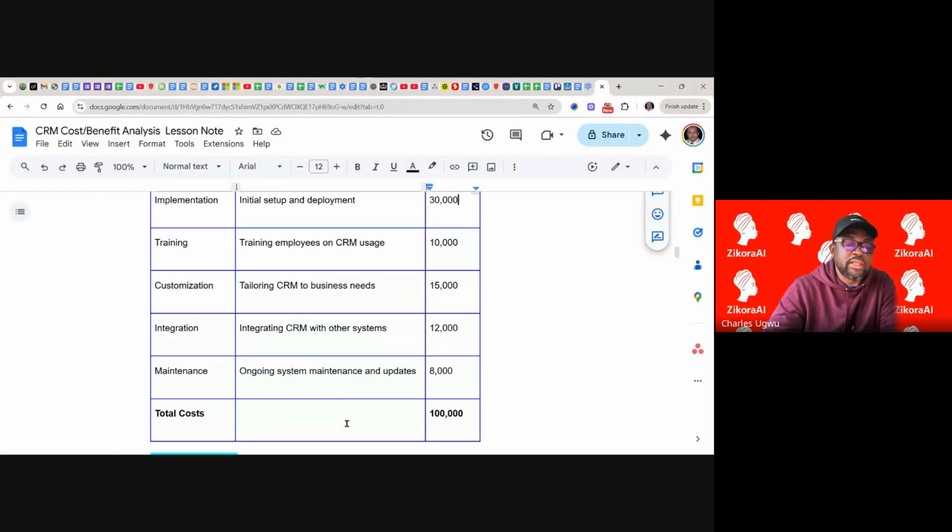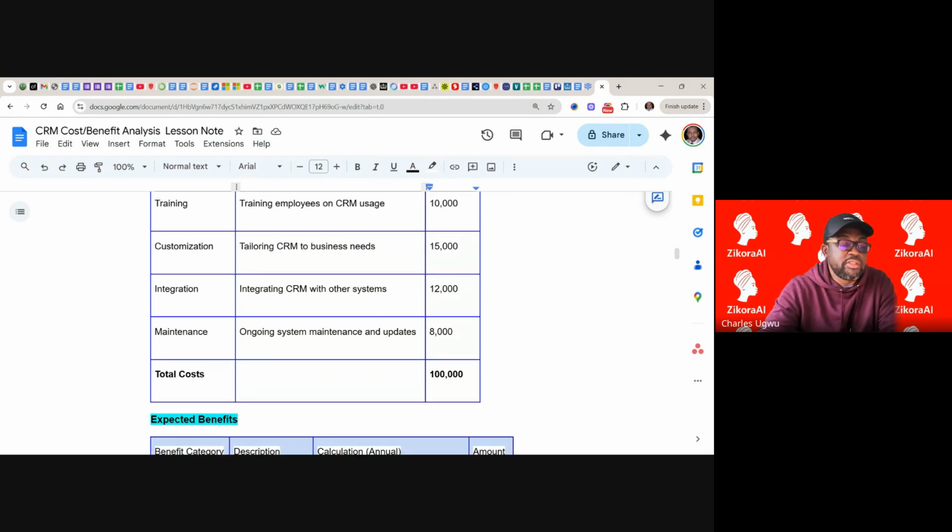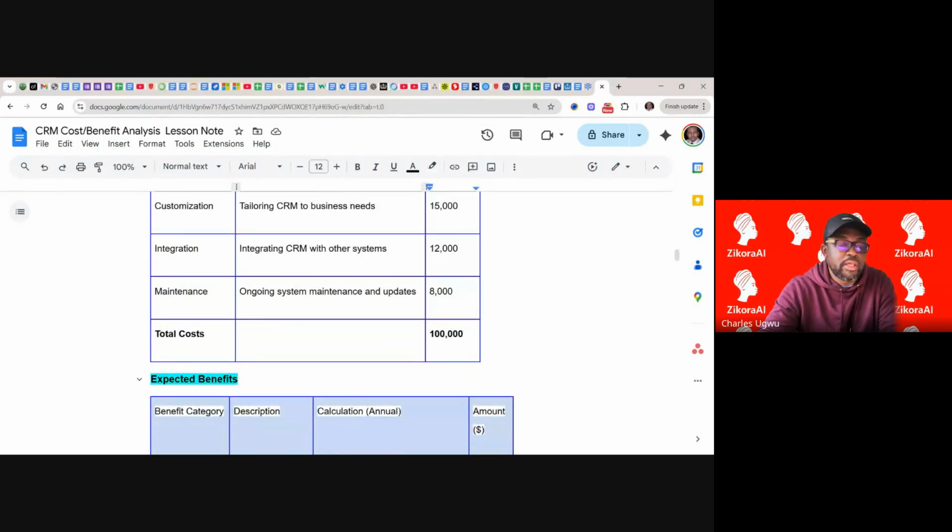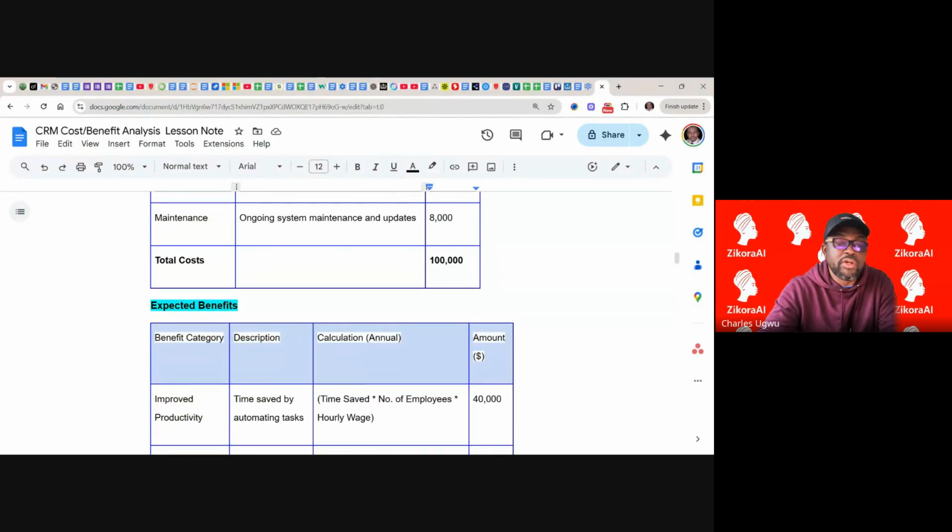When you total it, we have a total of $100,000. So that is the cost. This is for 1 year.